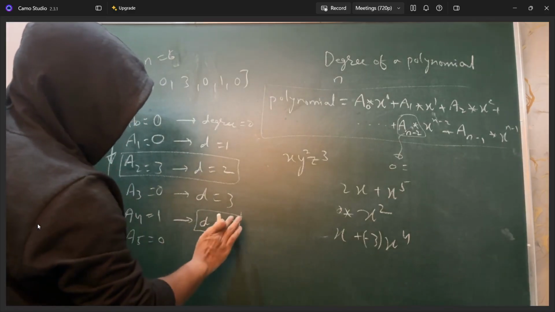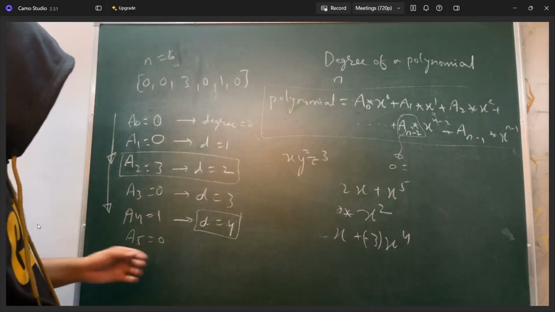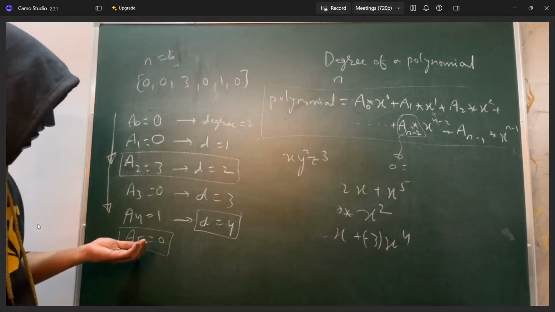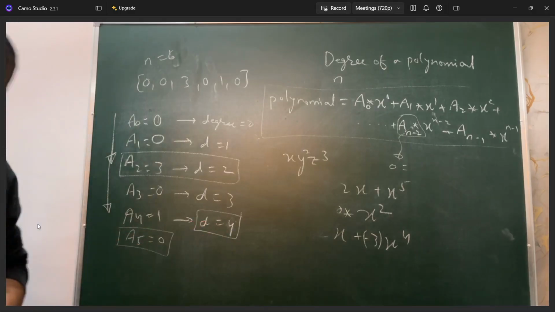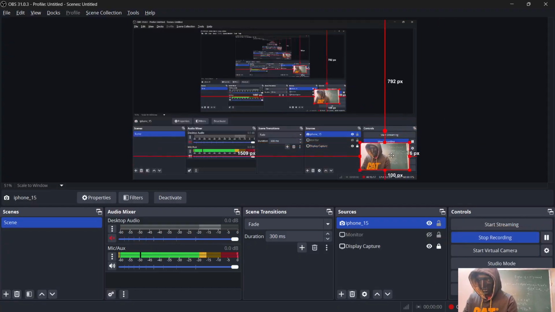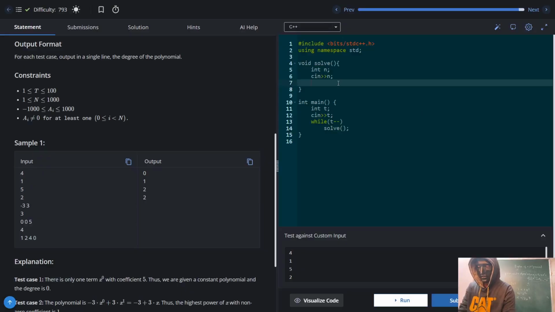Sorry, this degree will be 4, not 5. So this degree is valid, so your highest degree will be this. But when you move to this coefficient, it is 0, so this will not be there in the polynomial, so your highest degree will be 4. So I think you guys got to know what is the degree of a polynomial.